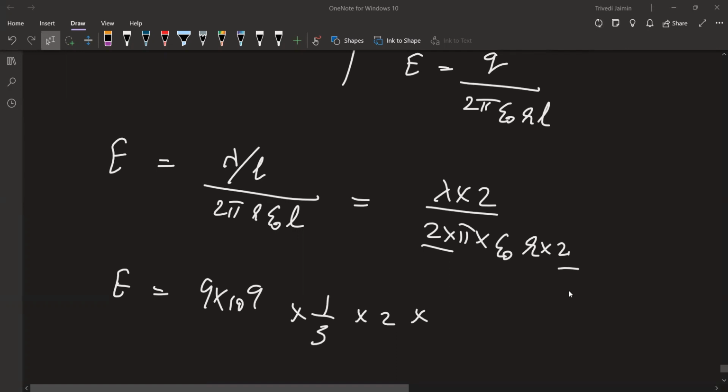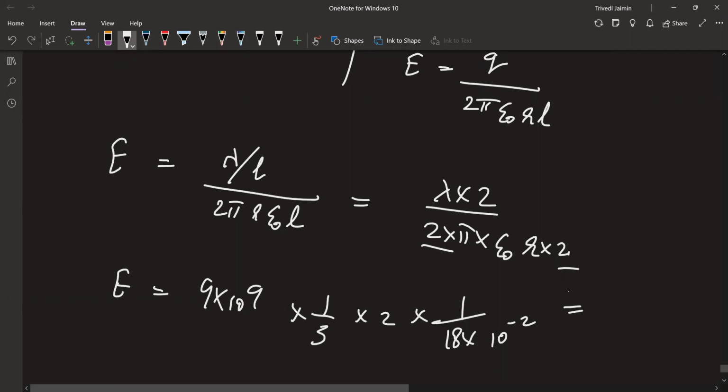Now, can you see my screen? It's loading, sir. We can see now, sir. Okay.